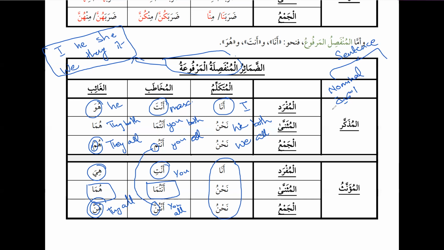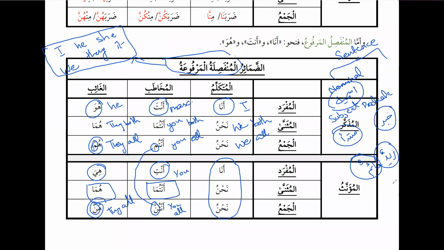Jumla ismiya means it has a subject, which is called mubtada, and then there is the predicate, or the khabar. Khabar means you have the subject, and then there is something to tell about the subject. For example, زيد قائم. So you have the subject and something to tell about it.